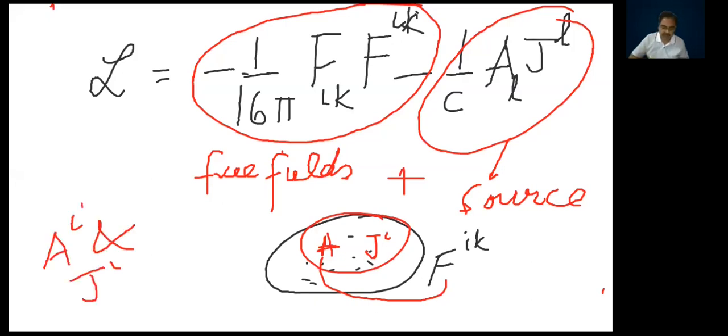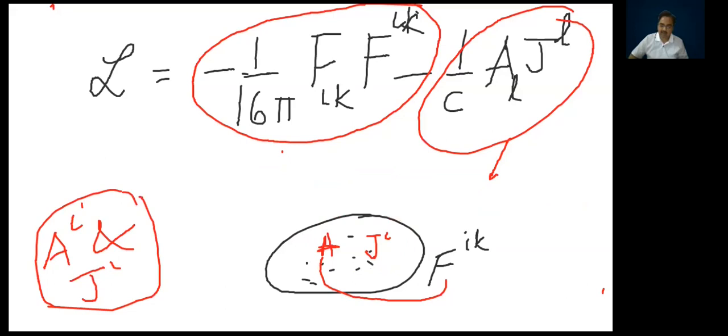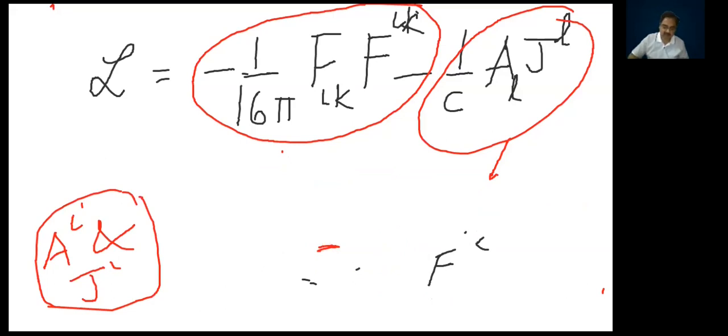There is an interaction between the two, and this interaction between the fields and the charges we had already understood last time. And if you can see those expressions, go back a little and try to find out what were these terms for the interaction of AI and Ji.